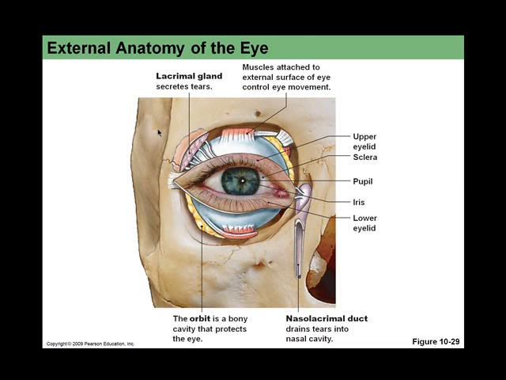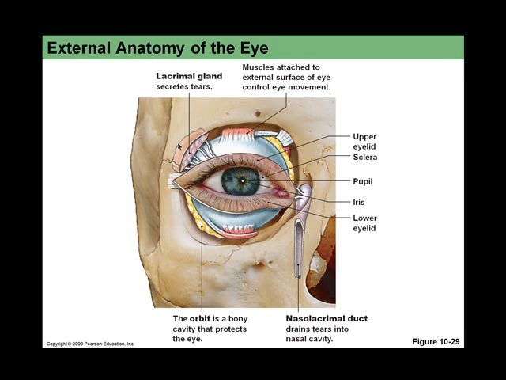So we begin with this kind of an odd view of the orbit. We see the bony skull here on the right-hand side of an individual, and there were the boundaries of this with the eyelids attached laterally with this ligamentous kind of structure, and then of course medially we see the ducts from the opening between the eyelids into the tear duct as we know it, the nasolacrimal duct that drains the tears into the nasal cavity.